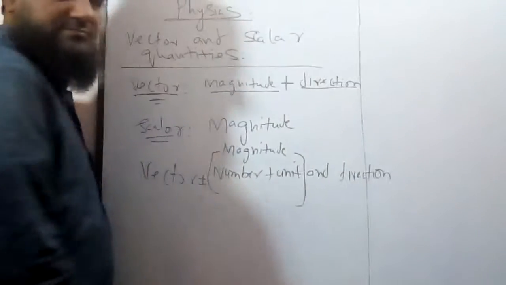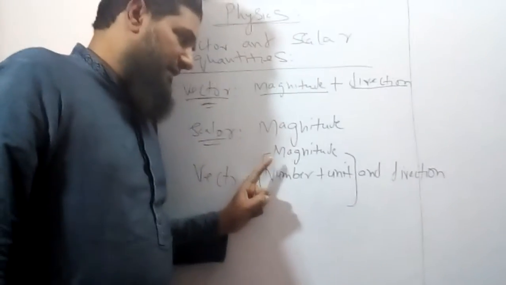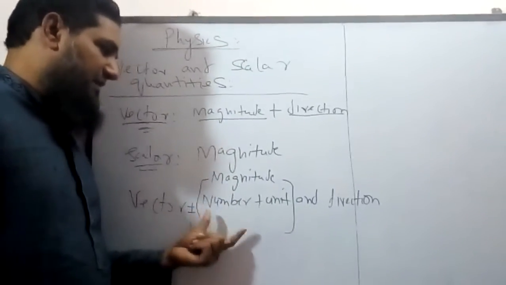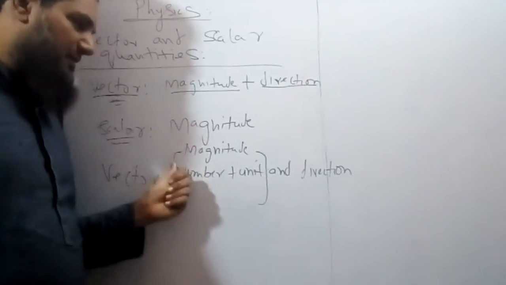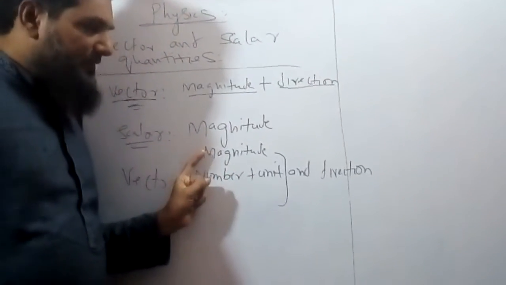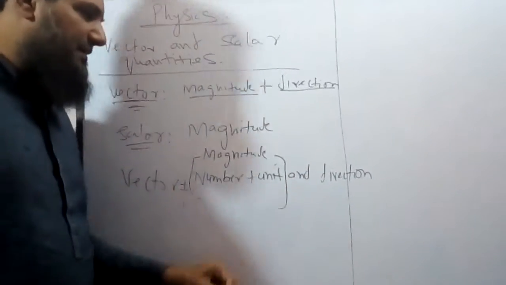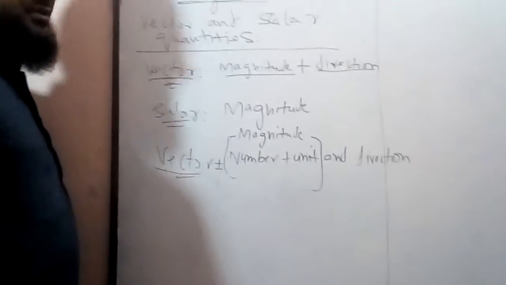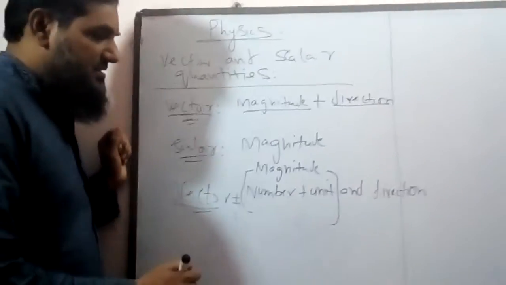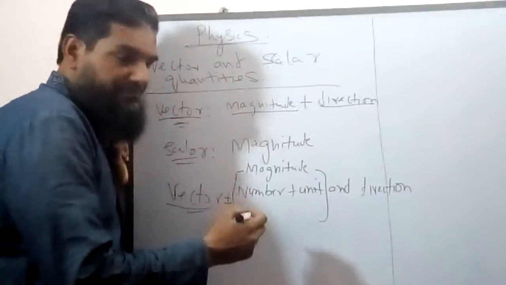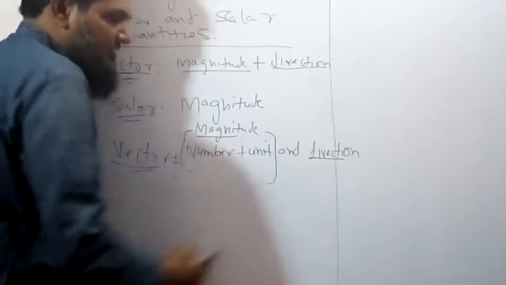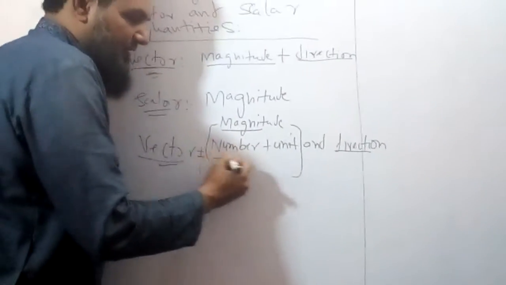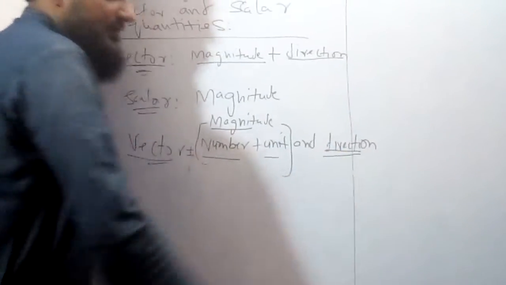In magnitude, two things are involved: number and unit. The sum of number and unit is magnitude, and when we add direction to it, this whole is called vector. Vector quantities are those quantities which are defined by magnitude and direction, or we can say by number, unit and direction.